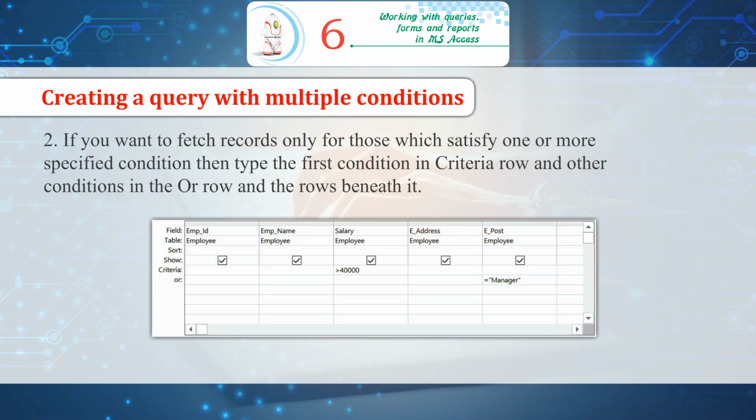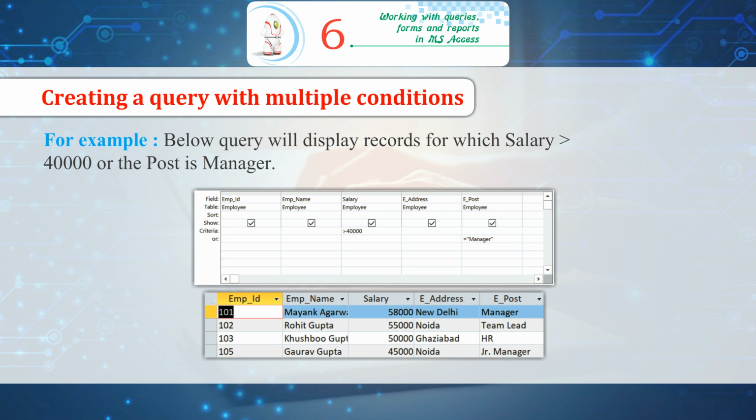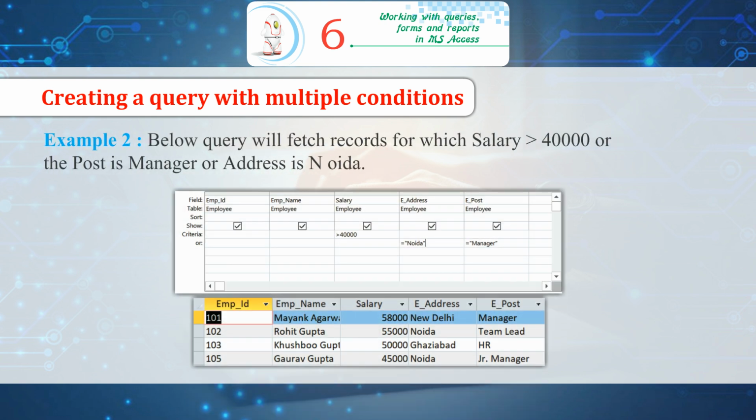If you want to fetch records which satisfy one or more specified conditions, then type the first condition in criteria row and other conditions in the OR row and the rows beneath it. For example, below query will display records for which salary is greater than 40,000 or the post is manager.